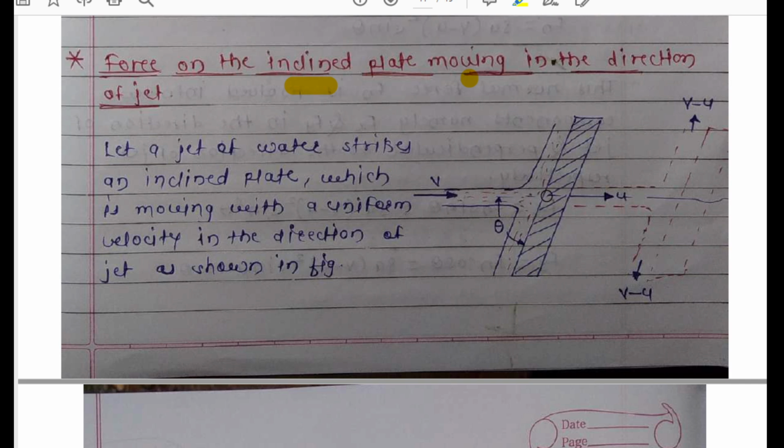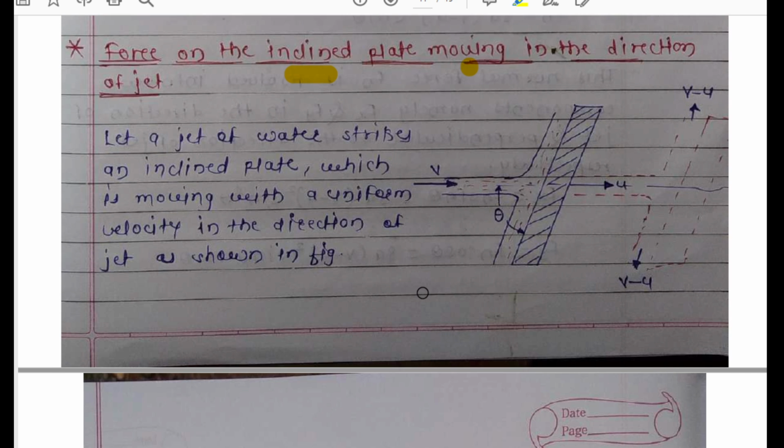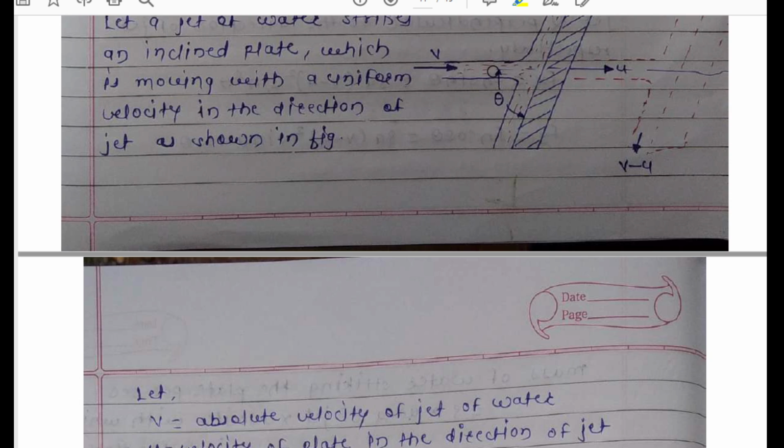As the jet strikes this plate, the plate moves to this dotted position. The relative velocity will be v minus u, that means velocity of jet minus velocity of plate. Again this angle is theta.